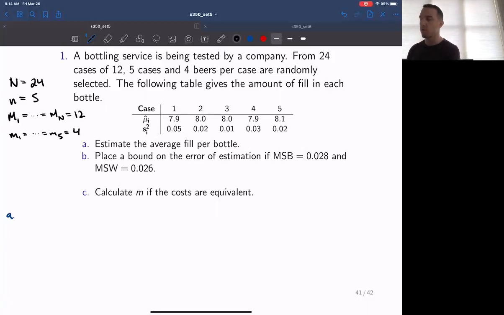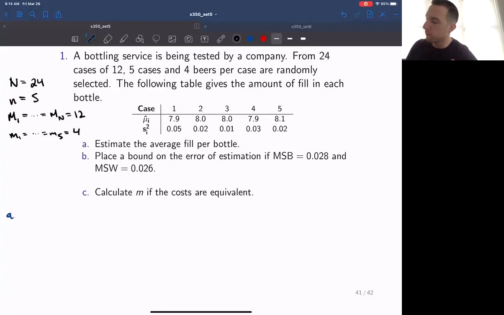Right? So we have 24 potential clusters, if you will, which are the cases of beer. We have little n is equal to 5 selected cases of beer, so that's the number of clusters. Per case of beer, we have 12 total bottles, but from each of the selected cases, we only take 4 bottles, hence the declarations given below.